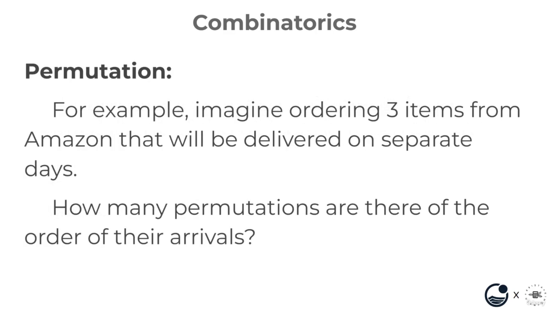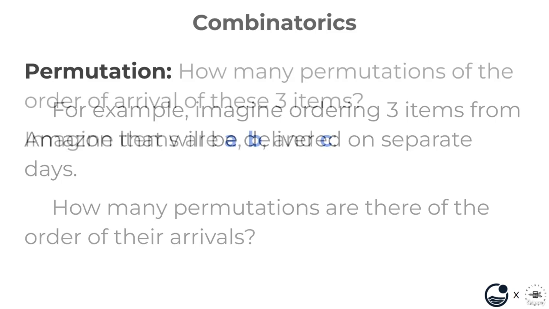For example, imagine you're ordering 3 items from Amazon that will be delivered on separate days. So each item has to be delivered on a separate day. How many permutations are there of the order of their arrivals? So if you have 3 items and you know they all have to be delivered on separate days, how many different permutations or arrangements could those packages arrive in?